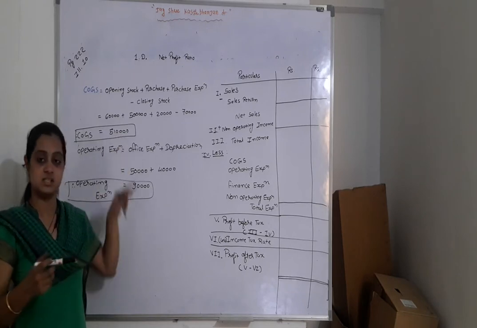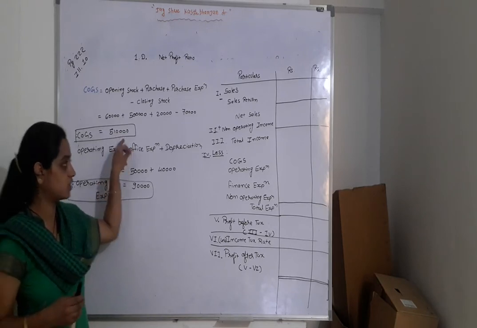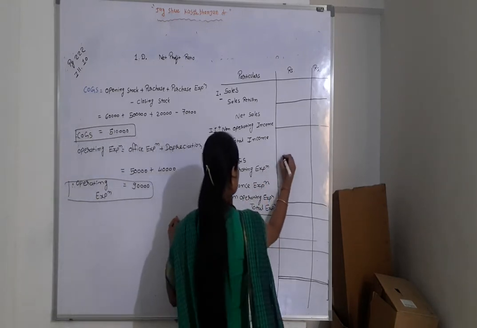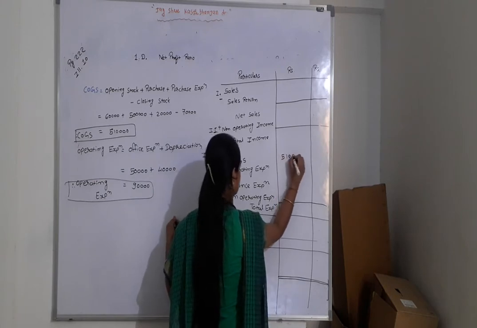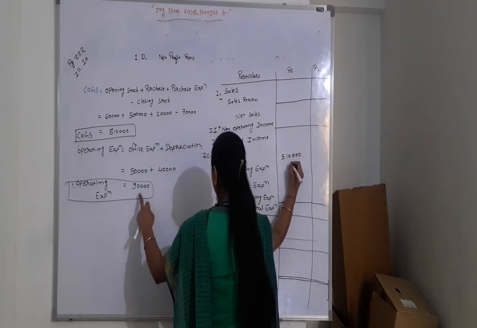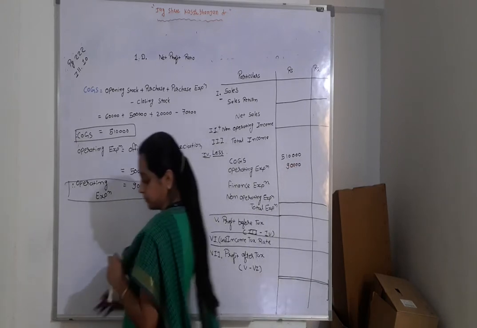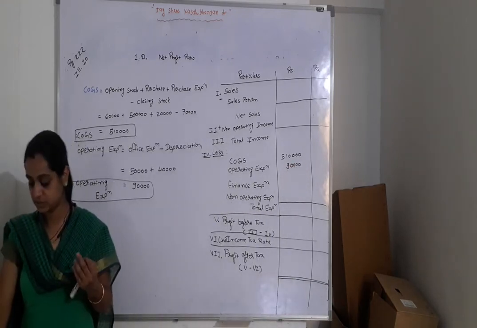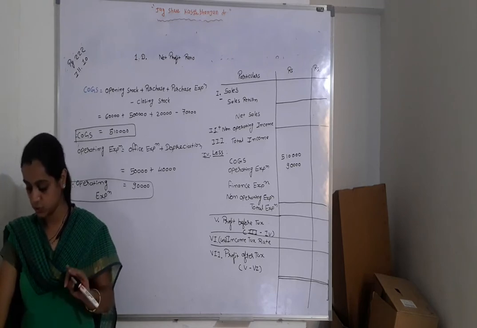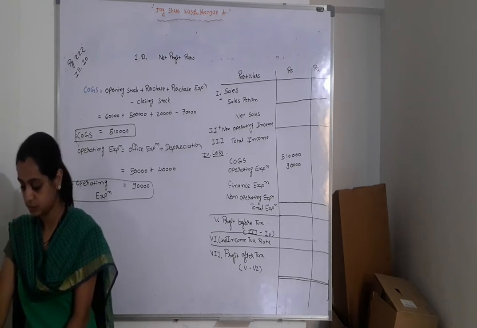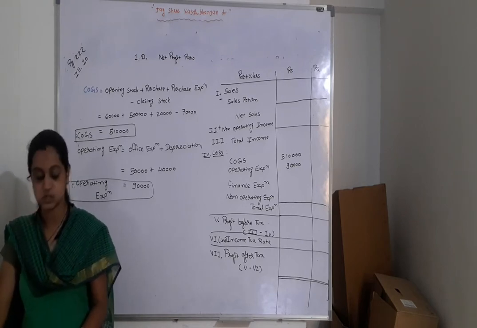That will use in COGS. We have already found COGS, that is 5 lakh 10,000. Operating expense is 90,000. Okay? So, opening stock has been used, purchase used, purchase expense also used, office expense used.